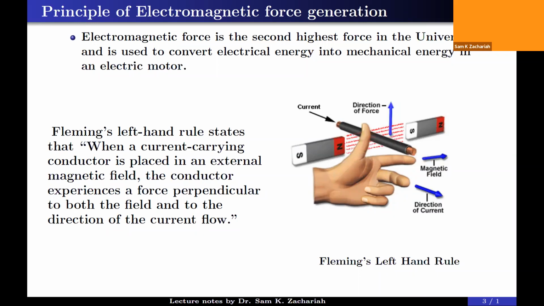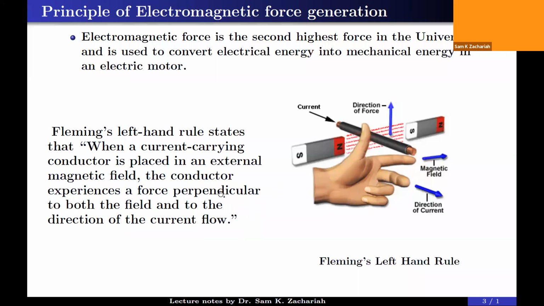Earlier, in olden times, such powerful magnets were not available. But nowadays, some special rare earth magnets have been developed, like samarium cobalt and all. They produce large magnetic flux density for a given volume of the permanent magnet, thereby reducing the size of the motor.